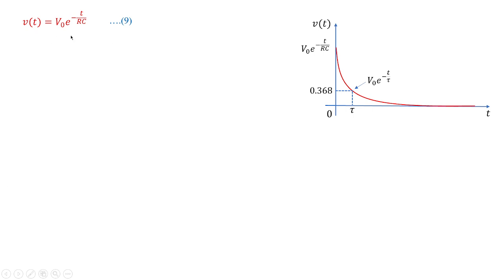So we have framed the equation of voltage. We can get the value of current, which is voltage by resistance. Equations 9 and 10 are the basic voltage and current representations. We can easily calculate the power also, which is V of t into I of t, which is V naught square by R e to the power of minus 2 t by tau, equation 11.